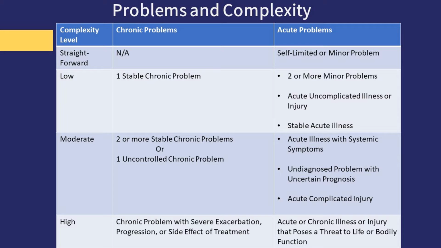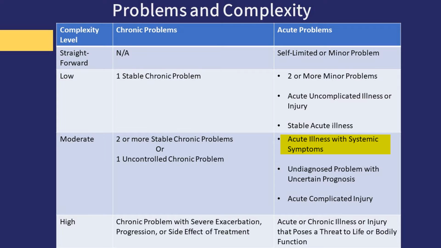The moderate level includes an undiagnosed new problem which has a differential diagnosis that includes a high morbidity or mortality risk problem if left untreated. An acute complicated illness is defined as illness that causes systemic symptoms and has a high risk of morbidity without treatment. In this guideline, they clarify that general systemic symptoms such as fever and body aches alone do not constitute systemic symptoms.